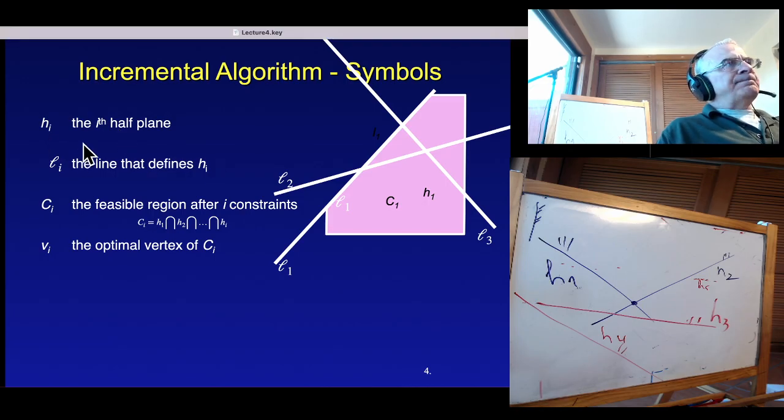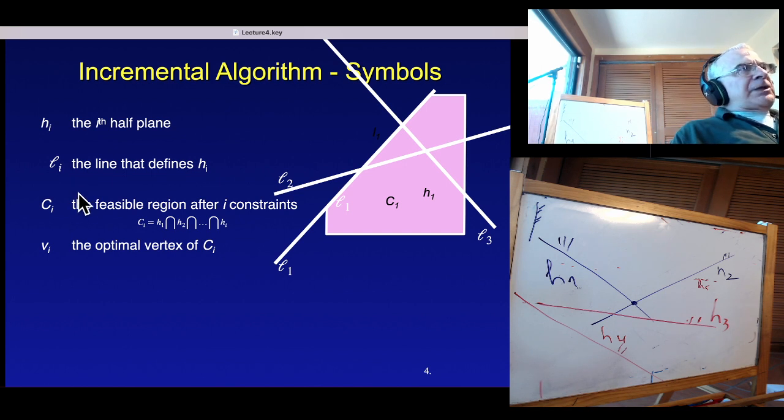So, notation. Hi is the ith half plane that I'm going to insert. H1, H2, dot, dot, dot, Hn. Li is the line that bounds Hi, the border of Hi. Just notation.